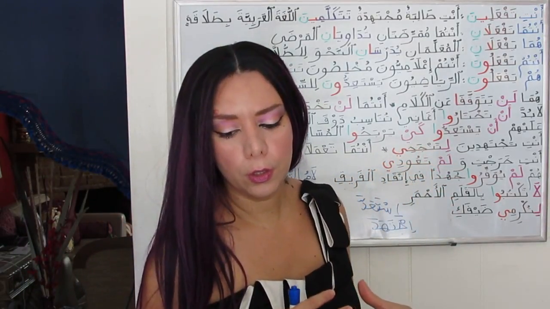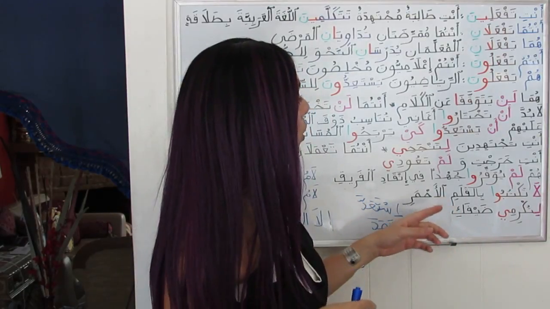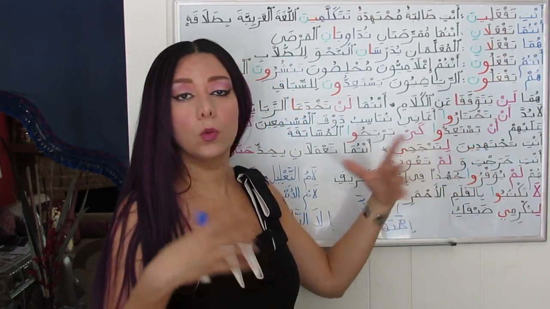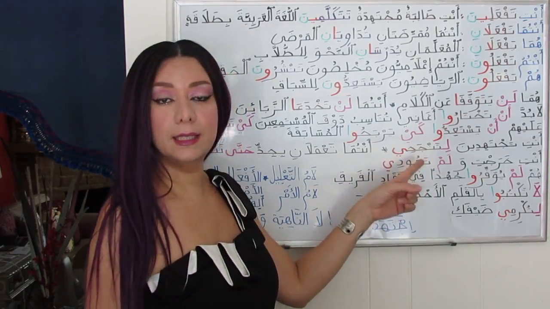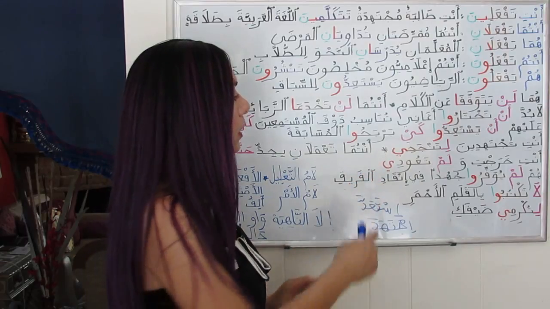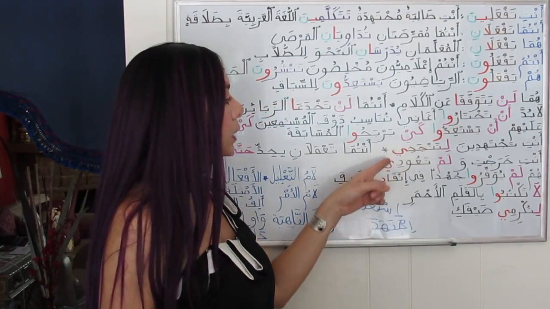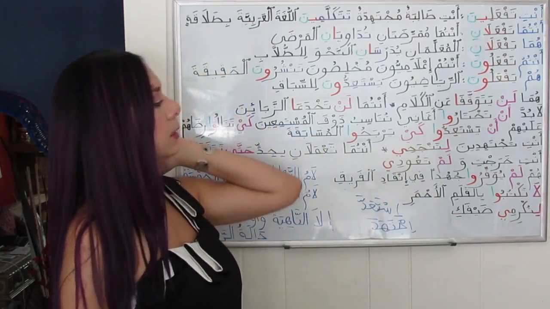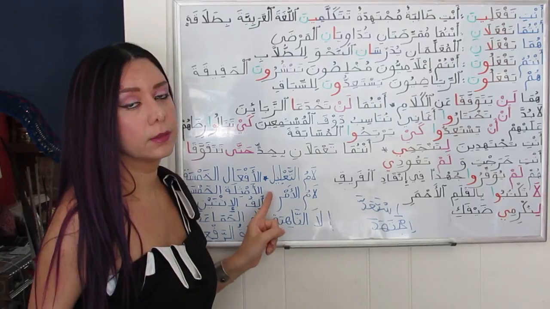Lam of reasoning. Alright? So you are striving. Why? There is a reason for that. To succeed. لتنجحي. And there is no noon. The noon is gone because this imperfect is preceded by لام التعليل.